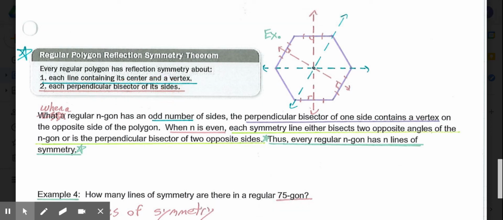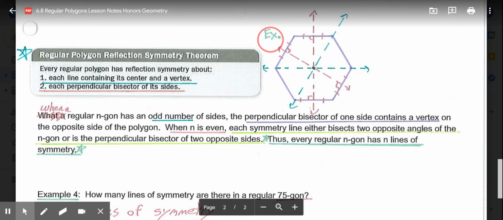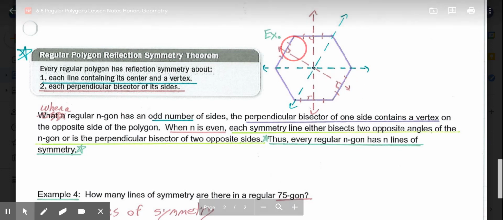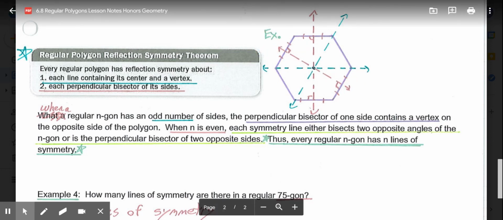So if I did the perpendicular bisector of the sides through the center, that is also a line of symmetry. So you'll see I didn't draw the final one here, but a couple examples here and here, your perpendicular bisectors of each side are lines of symmetry, along with any line from the center point to a vertex. So there could be an extra one drawn here and an extra line of symmetry drawn here.